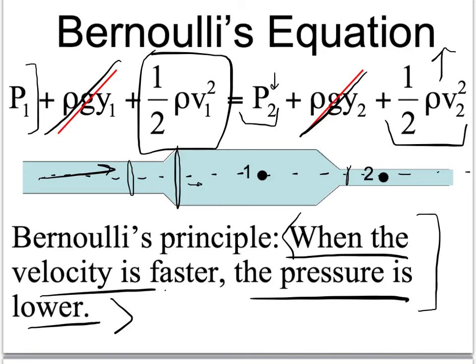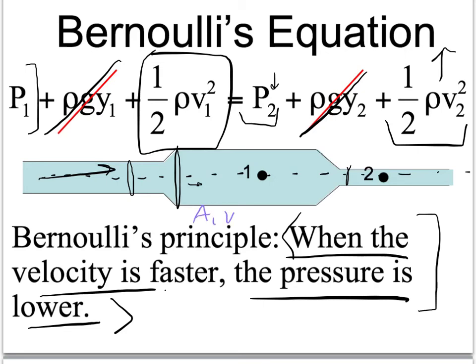And let's look at a couple quick examples. In this container, let's try to rank the velocities of all the places. We know that whenever the container has a cross-sectional area that's big, the flow slows down. That was from continuity.